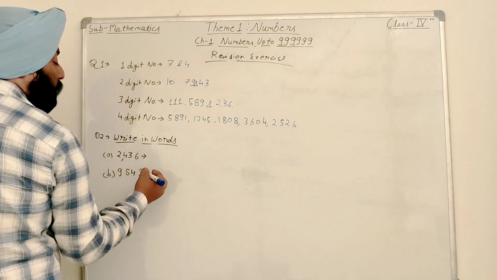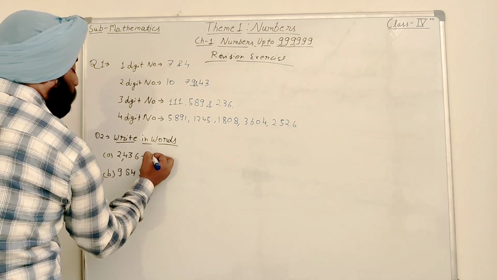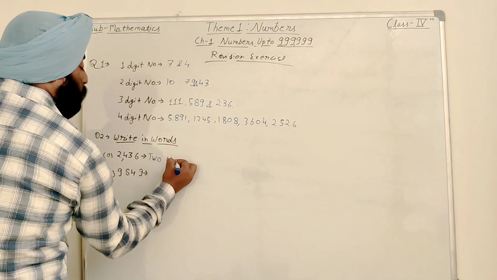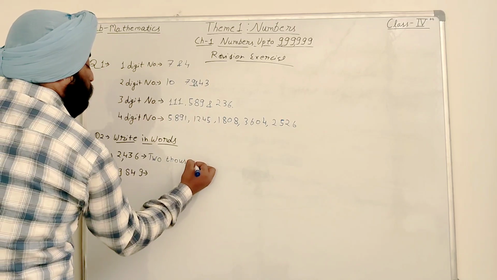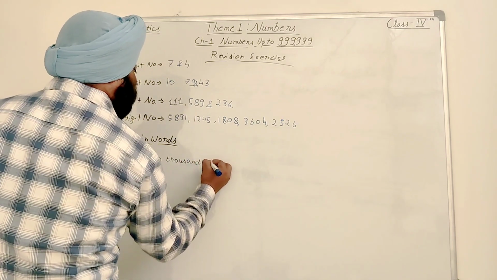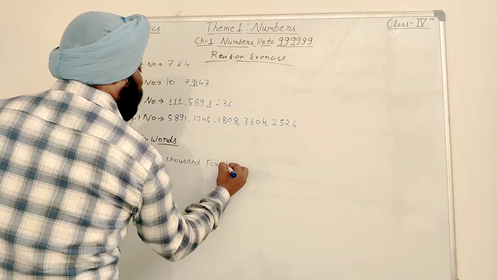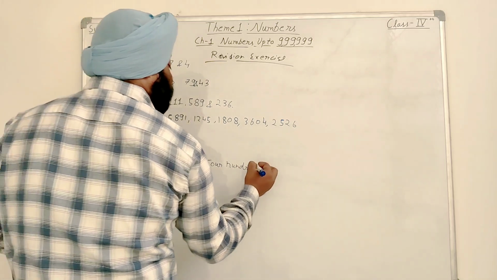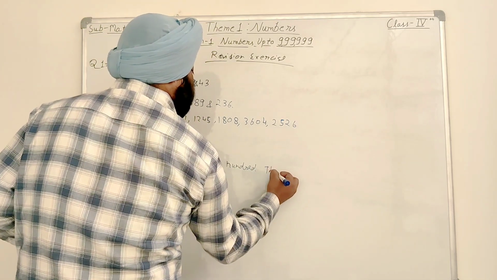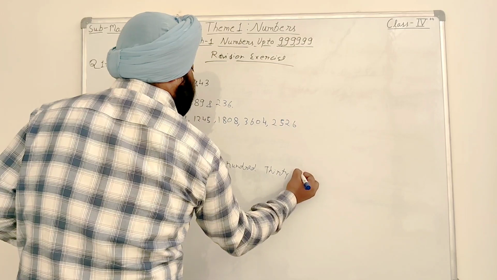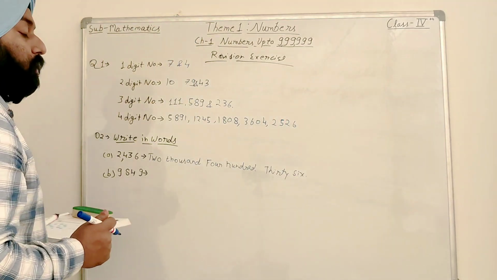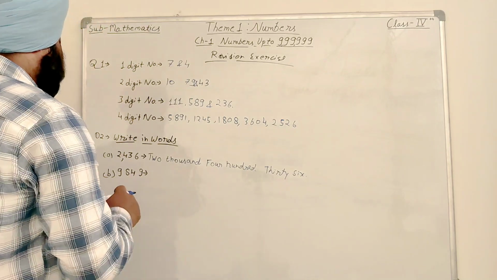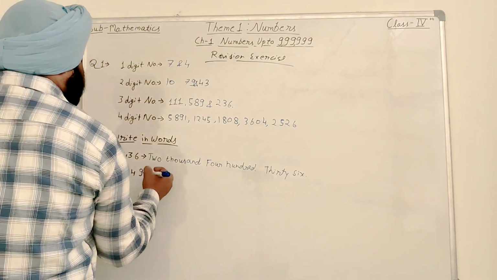So we have to write it down in words. Second one is 9849.